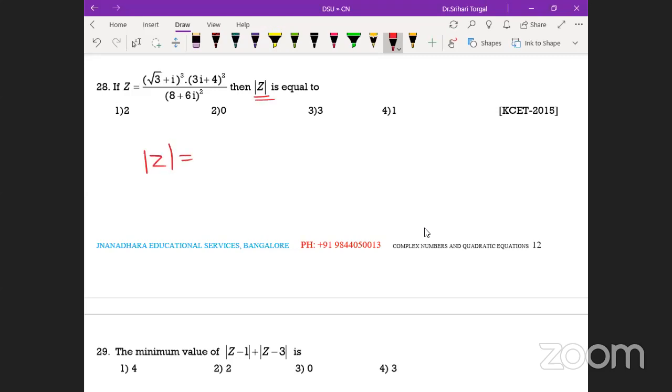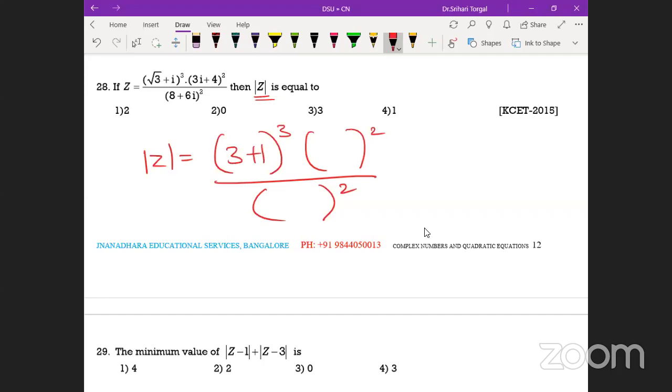Just put the modulus inside. Let that cube be as it is. No problem with that. Whole square like this. What is root 3 plus i modulus? Modulus of root 3 plus i is what? It is square root of 3 plus 1.